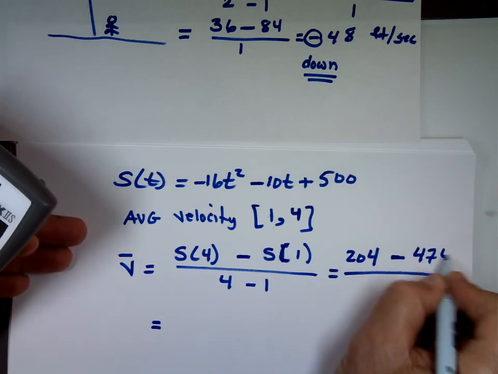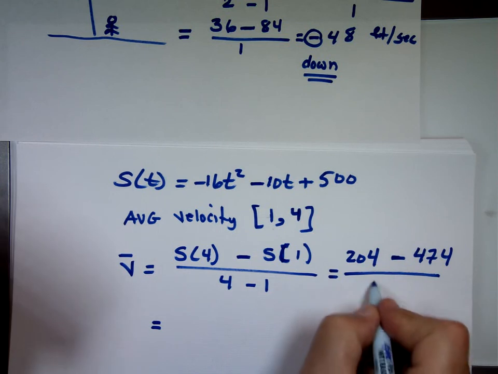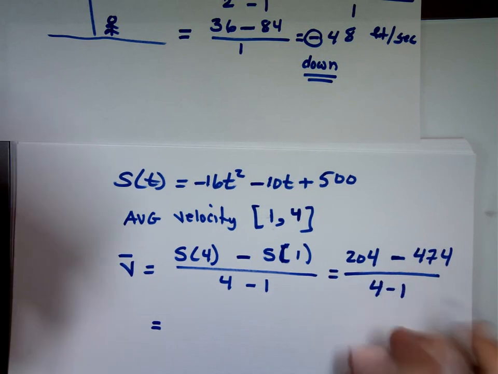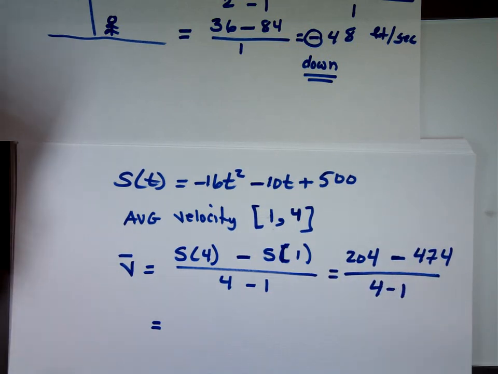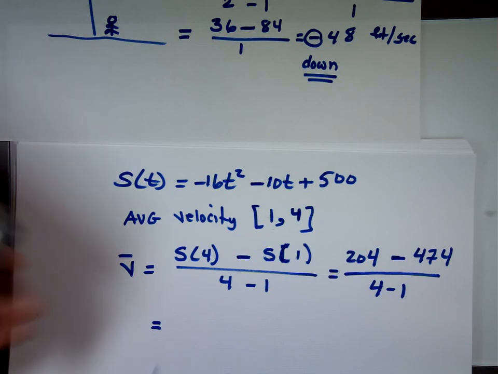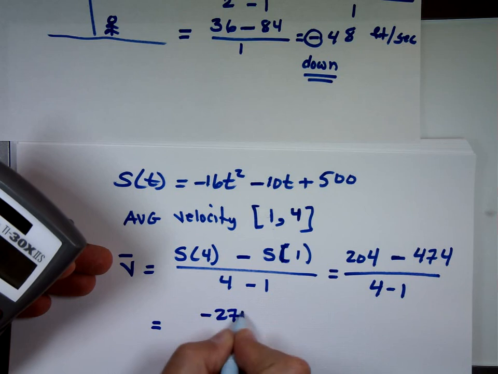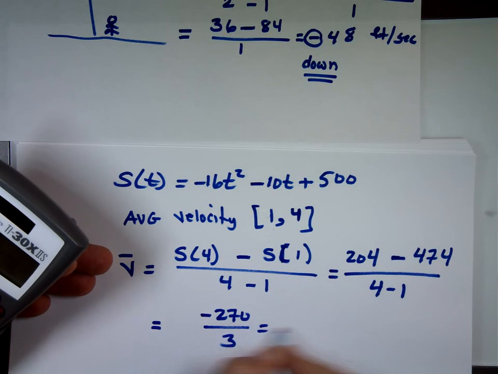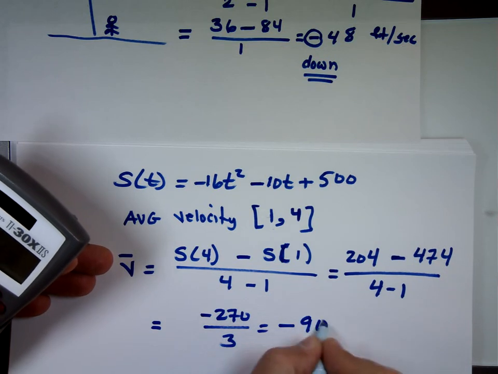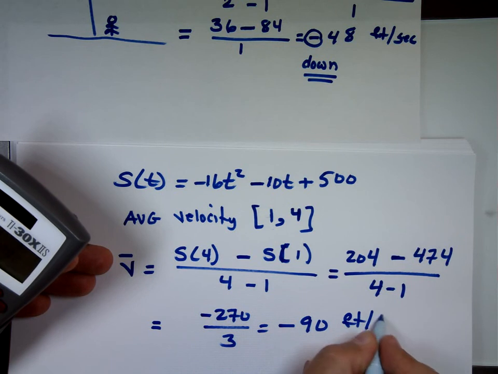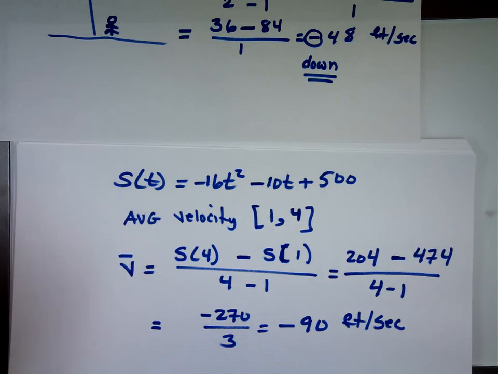Divided by 4 minus 1. So 204 minus 474, it's negative 270 divided by 3, which is what? Average speed of negative 90 feet per second. Now you're moving faster. Negative 90 feet per second.